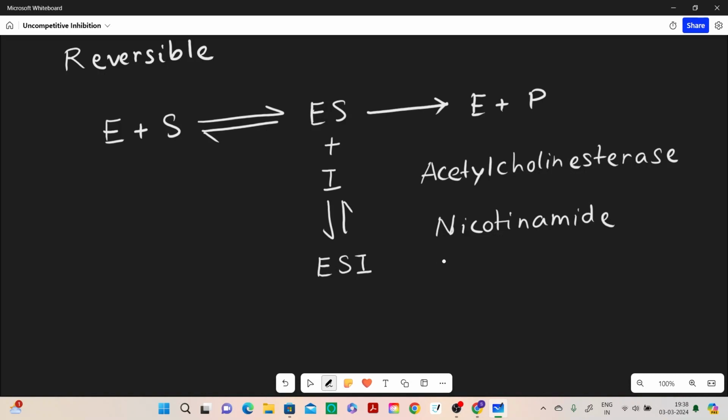Apart from nicotinamide, there can also be certain tertiary amines which can behave as an uncompetitive inhibitor for the acetylcholinesterase enzyme.